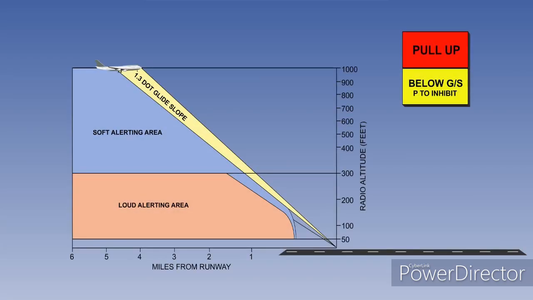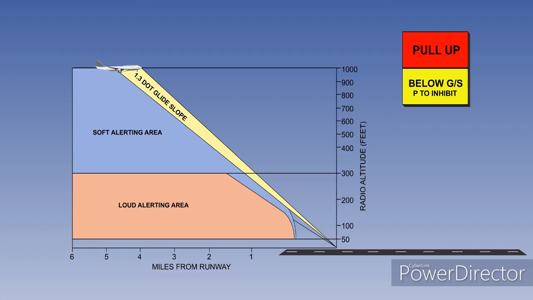A Mode 5 alert is issued when the aeroplane descends more than 1.3 dots below the glide slope. Mode 5 is armed when a valid ILS signal is being received by the captain's glide slope receiver and the radio altitude is below 1,000 feet. There are two areas of alert, soft and loud.